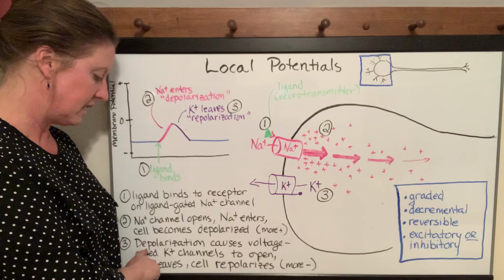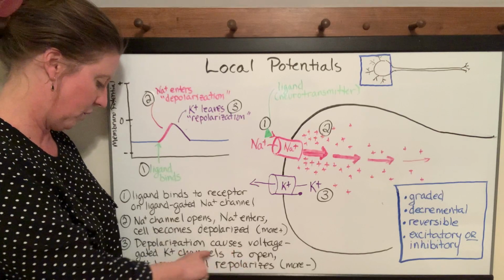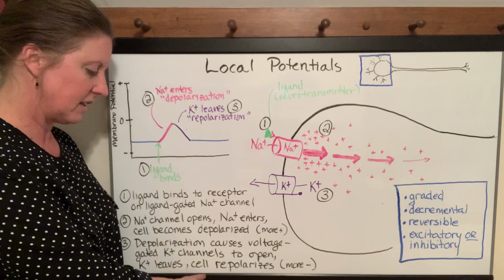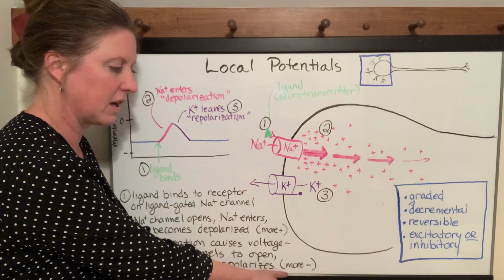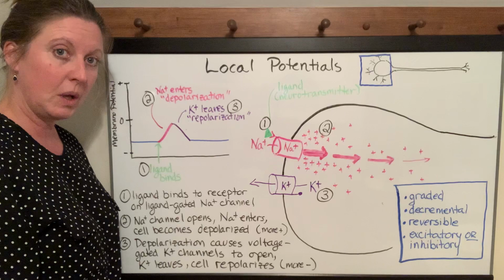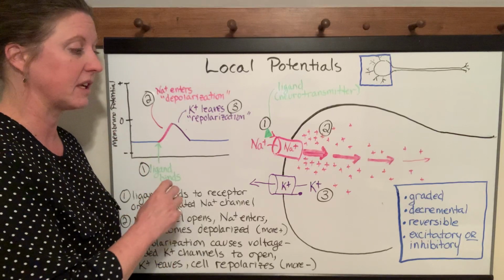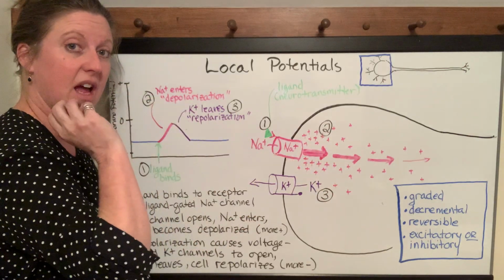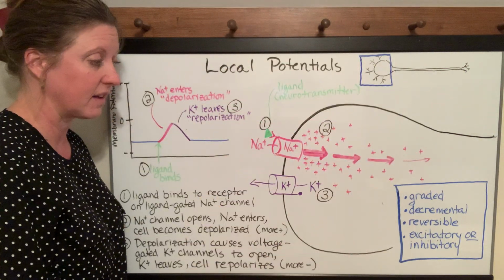And step 3, depolarization causes voltage-gated potassium channels to open, potassium leaves, and the cell repolarizes or becomes more negative. Okay, so those are the steps of a local potential. It is local because it is happening just right here. It's not traveling along an axon.